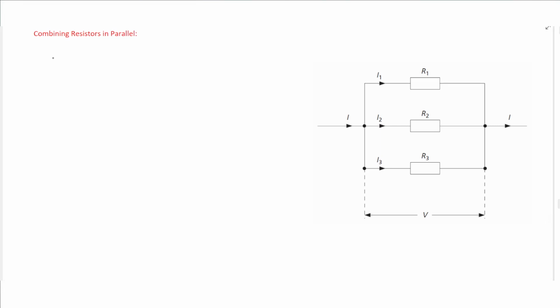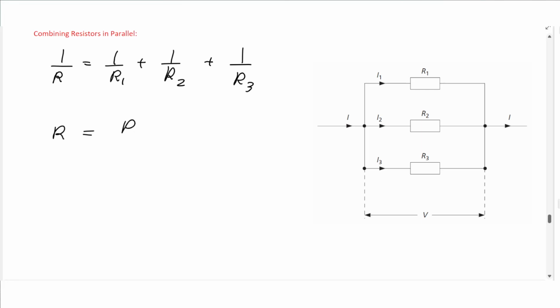If you want to calculate the total resistance in parallel, you can either use 1 over the total resistance is equal to 1 over each resistor added, or if you have two resistors in parallel only, this only works with two resistors, you can say that the total resistance is equal to the product over the sum. But this only works for two resistors in parallel. You cannot use it with more than two resistors in parallel.